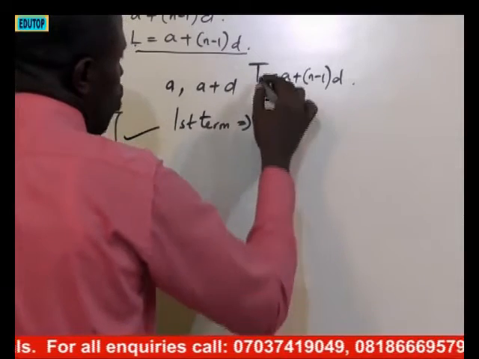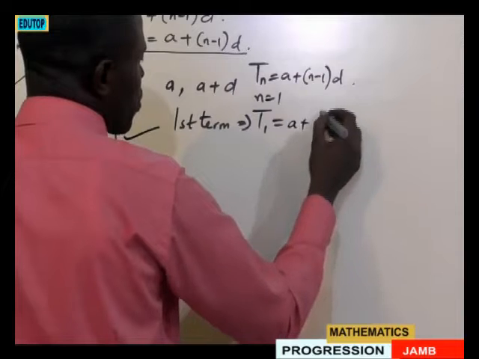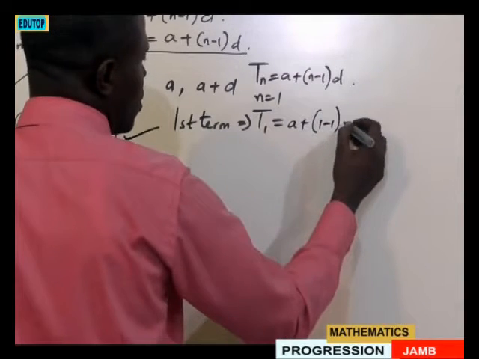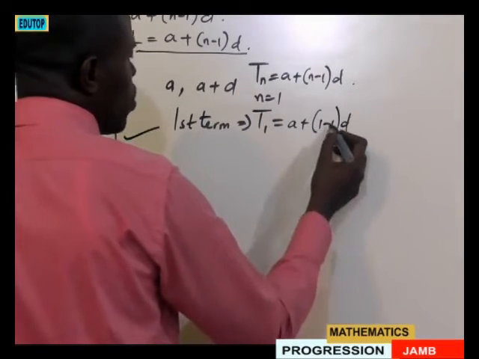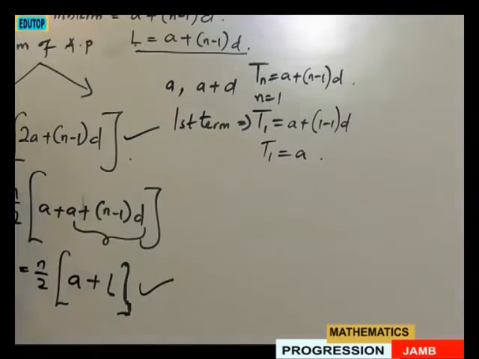So when n is 1, T1 equals A plus 1 minus 1 times D. 1 minus 1 is 0, 0 times D, so T1 equals A. That is the first term.